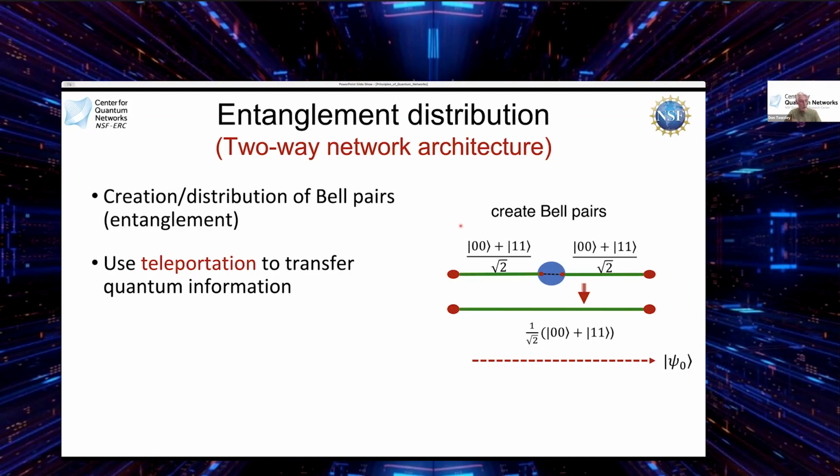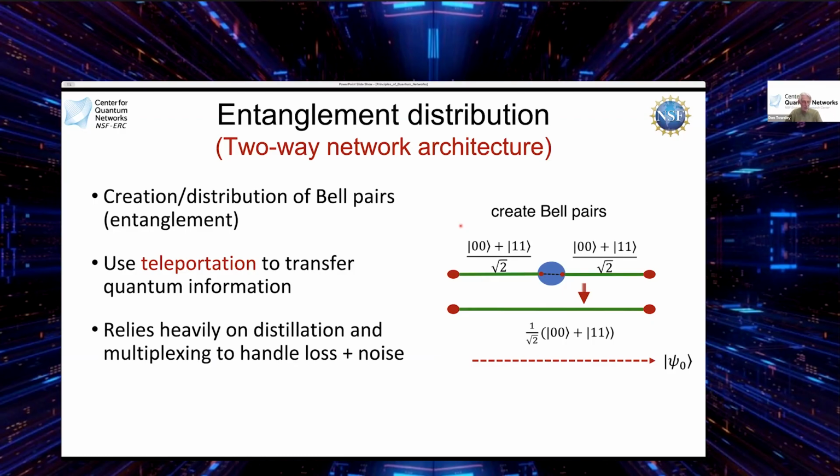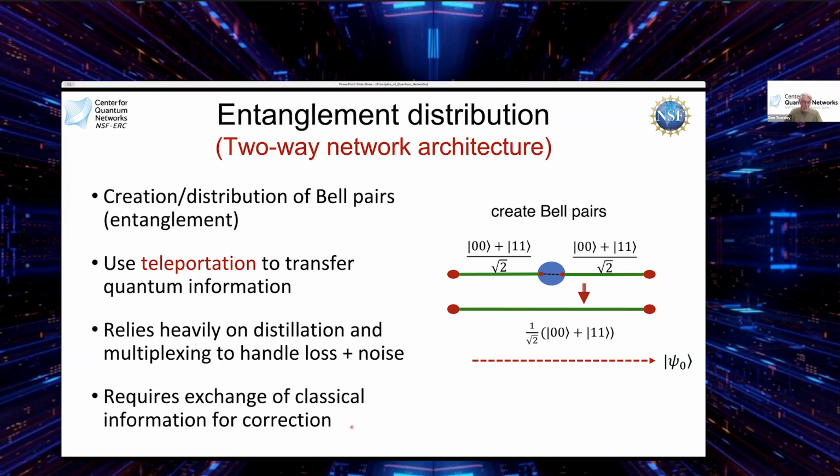You would just use teleportation. The network would be generating these Bell pairs, and then you would just teleport quantum state from one node to another. This would rely heavily on distillation and on multiplexing to handle loss plus noise. And as we saw earlier, it's going to require the exchange of some classical information for correction.